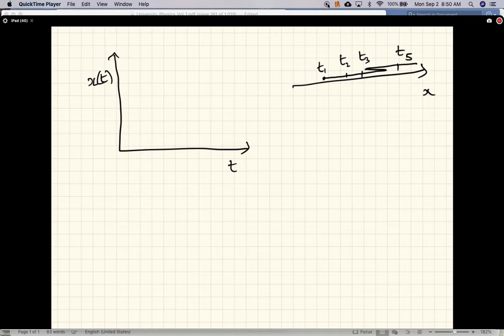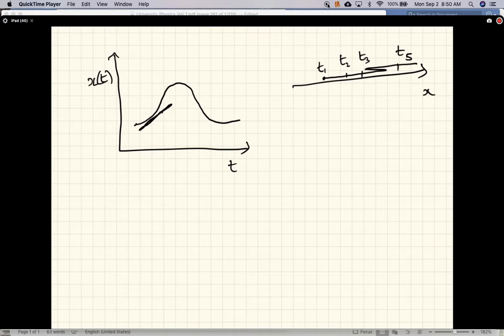Those are the positions of the particle at different times. So this might look something like this. The particle is going to the right as time is increasing, and then going back, and then sort of at rest, and so on.